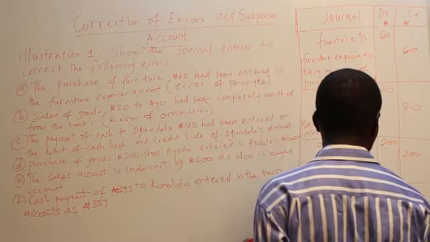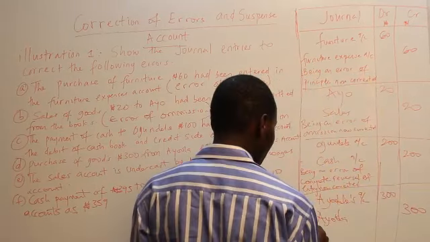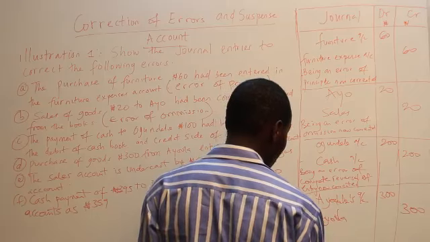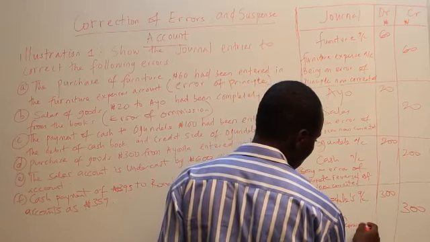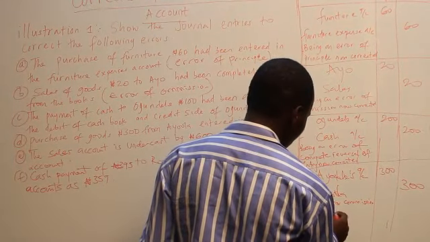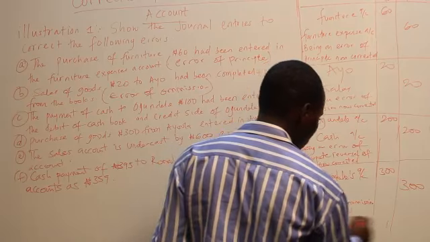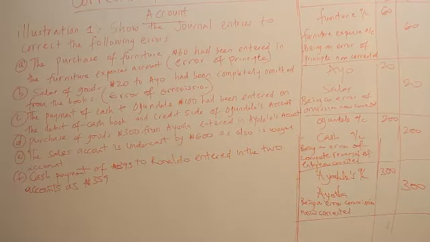So we have 300 naira. So, being an error of commission in one person's account, now corrected.